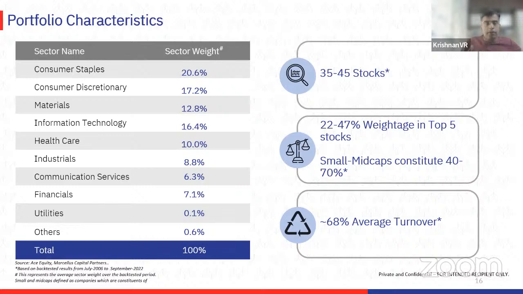So when you look at some of the sectors: consumer staples, discretionary, materials, which is basically chemicals and pharma, and IT and healthcare. These would be the top 4 or 5 sectors, and all of this generally in India tends to be some of the most profitable sectors. They have some of the most profitable, well-run companies. So again, that's the sector composition. This is again from the model portfolio.